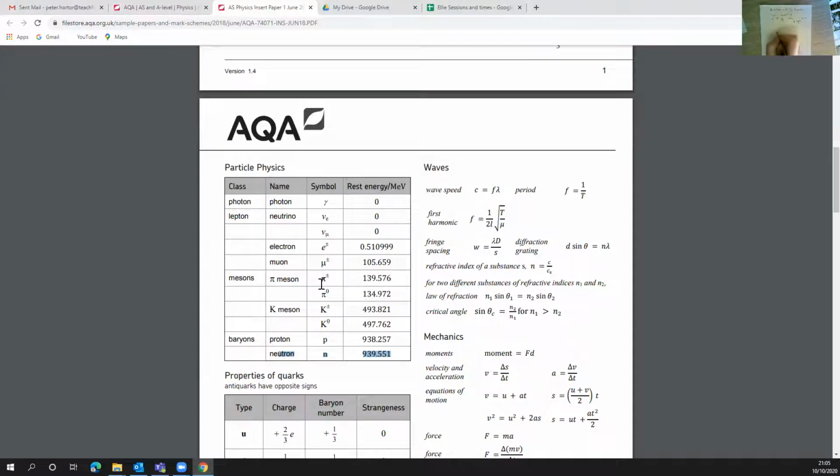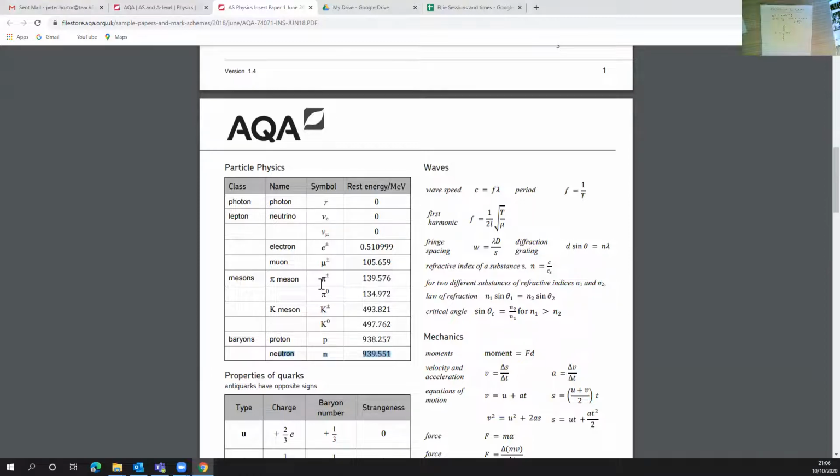Okay. So the general diagram for annihilation is that a particle and its antiparticle come together, and in the event that occurs, all of the mass of those two particles is converted to energy.